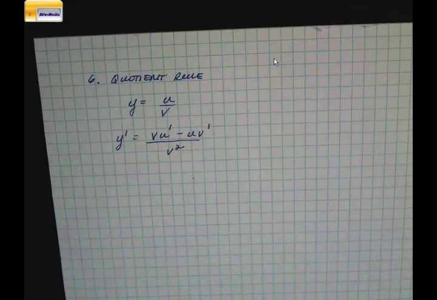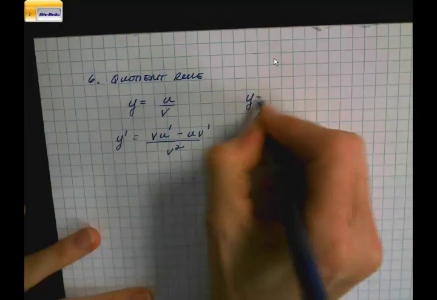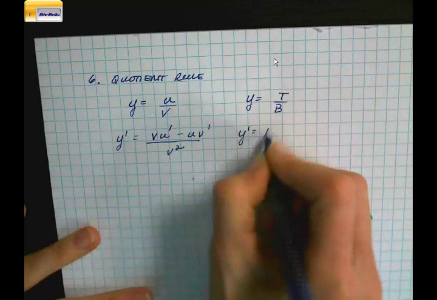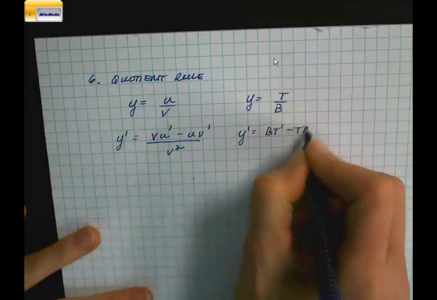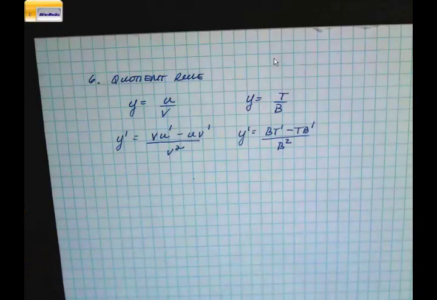The bottom times the derivative of the top minus the top times the derivative of the bottom, divided by the bottom squared.